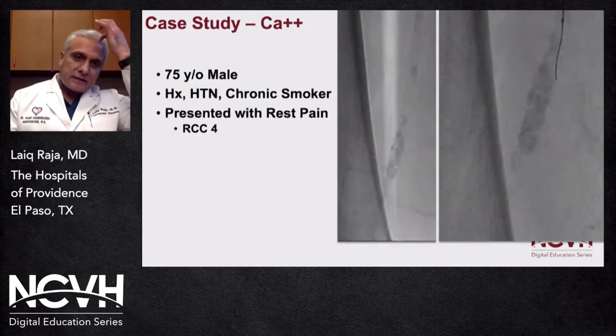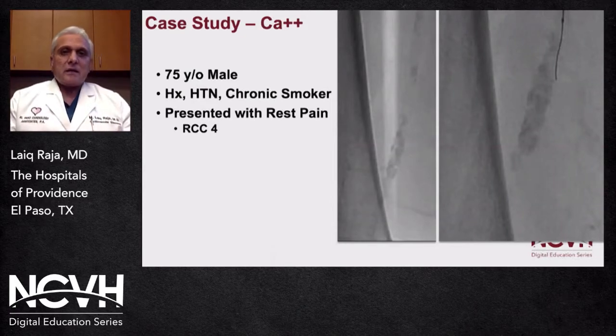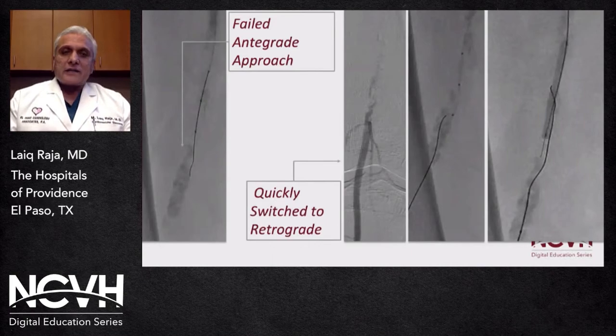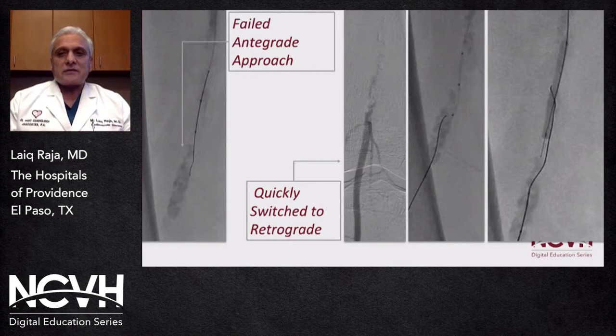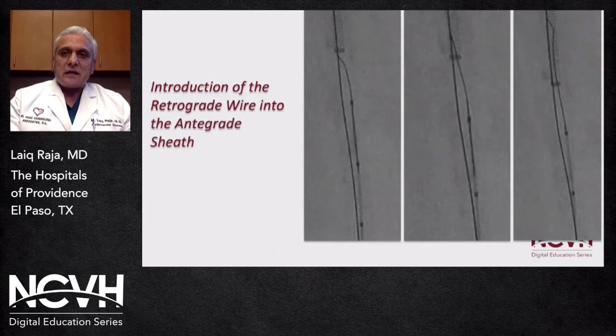This is a second case, a 75-year-old gentleman who came with rest pain and an occluded popliteal and distal SFA. This is just the fluoroscopy, to let you know how severe the calcification was. Antegrade, I was unable to get through because it was an extremely calcific vessel, so retrograde access was obtained, and as you can see, I'm trying to get through retrogradely, and with the help of both antegrade and retrograde access, I was able to get through.